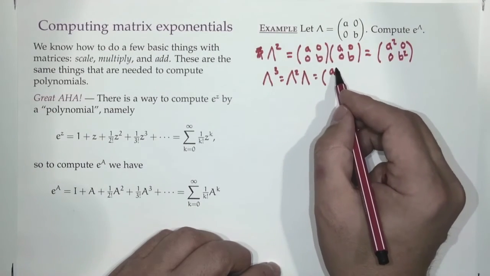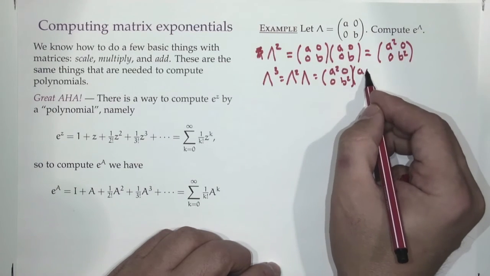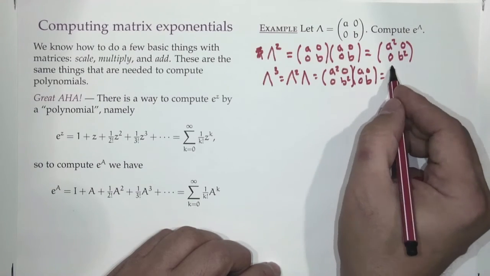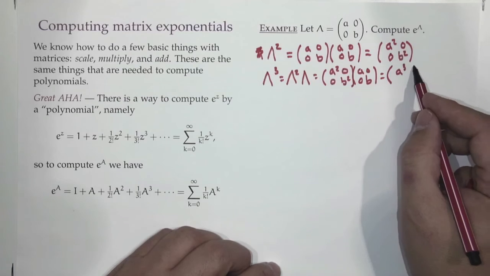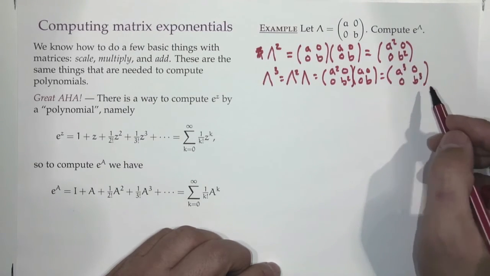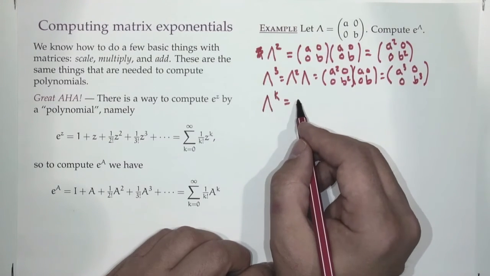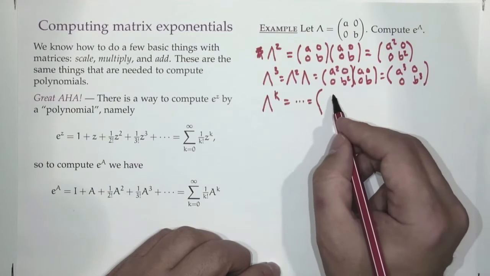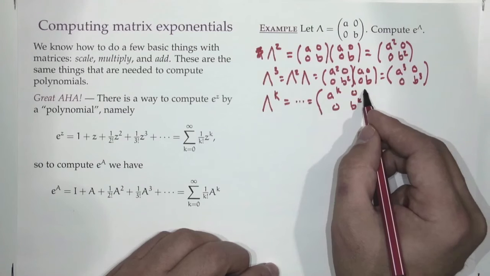We just computed lambda squared. Now we multiply that by a, 0, 0, b. What's the result? a cubed, 0, 0, b cubed. What if I took lambda to the power k? a to the k, 0, 0, b to the k.